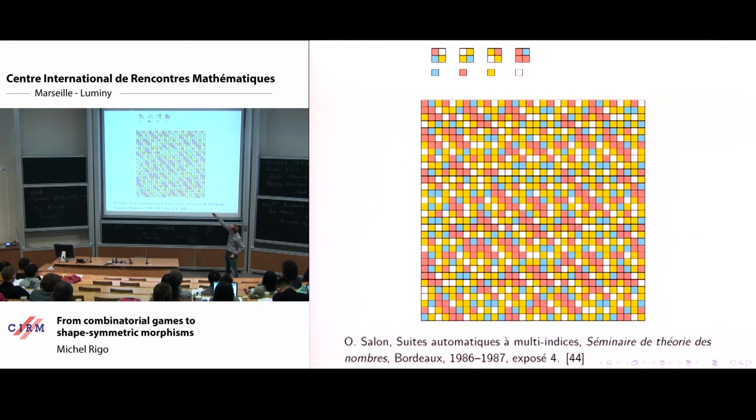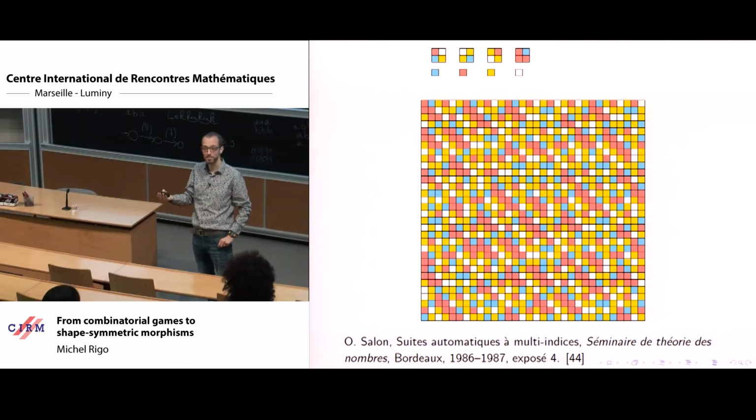Okay, so here is an example. My morphism or substitution is this one. So let's say the blue square is becoming this 2 by 2 picture, this pink one is becoming this one, and I start from the lower left corner, and what I get when I iterate is a picture that is growing like this. So this is a bidimensional 2-automatic sequence, okay?